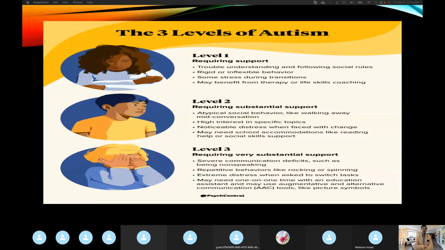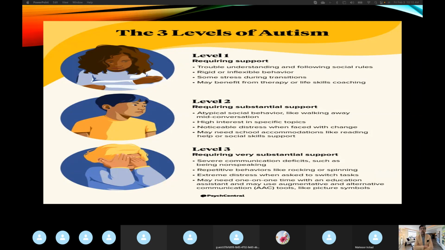Level 2 autism requires substantial support: atypical social behavior like walking away in the middle of a conversation, high interest in specific topics, noticeable distress when faced with change, may need school accommodations like reading help or social skill support. And level 3 is a very severe one, which requires very substantial support. Here, there are communication deficits, speech difficulties, behavior problems, and so on and so forth. So it is an intense situation.